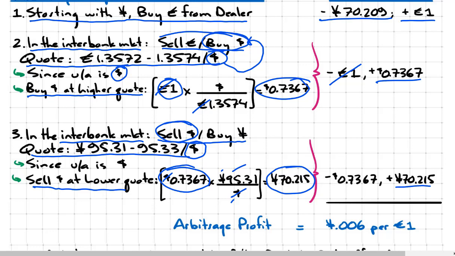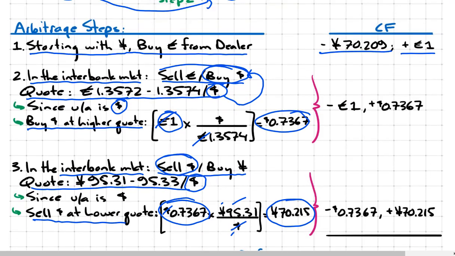Now watch what happens here. From step 1, we got €1. In step 1, we got the euro from the dealer. In step 2, we sold the euro in the interbank market and in turn received dollars.